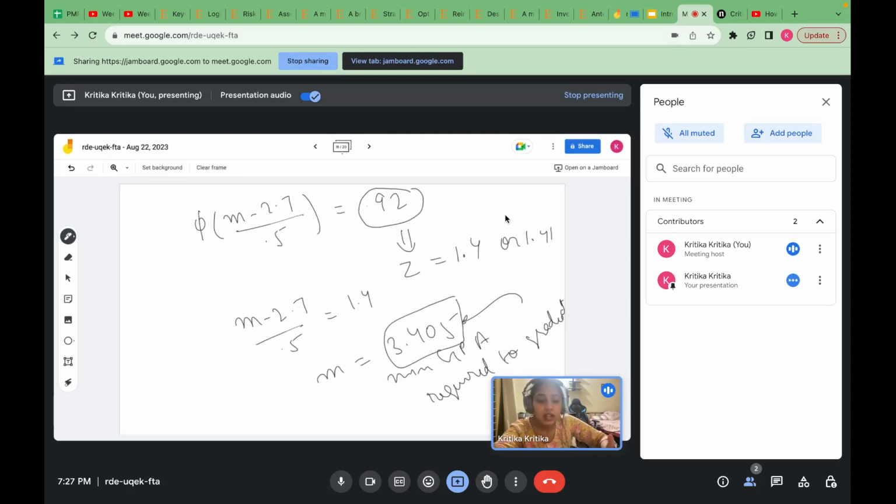Then again I tried to solve some real life problems using these distributions, to give a flavor of theoretical as well as practical questions. So for today's session, these are the few questions we discussed.